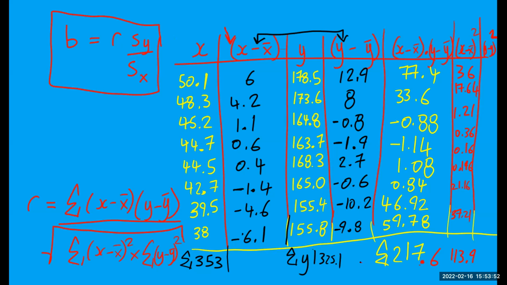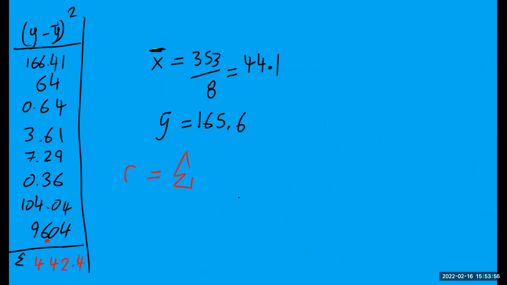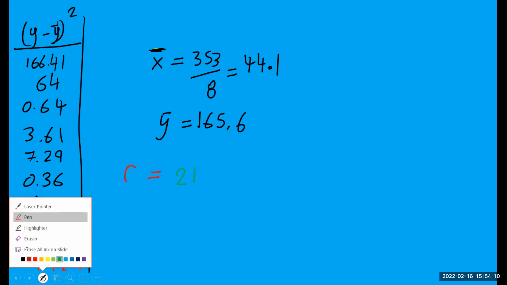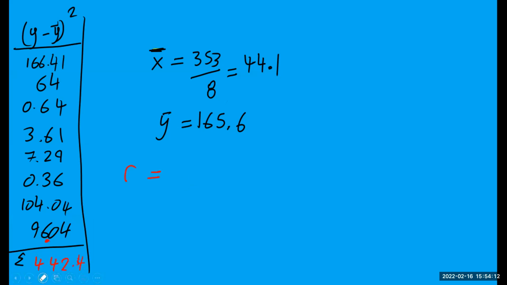The sum of it is down here. The sum of it is 217.6. So we already have the sum of x minus bar x times y minus bar y. That is 217.6.